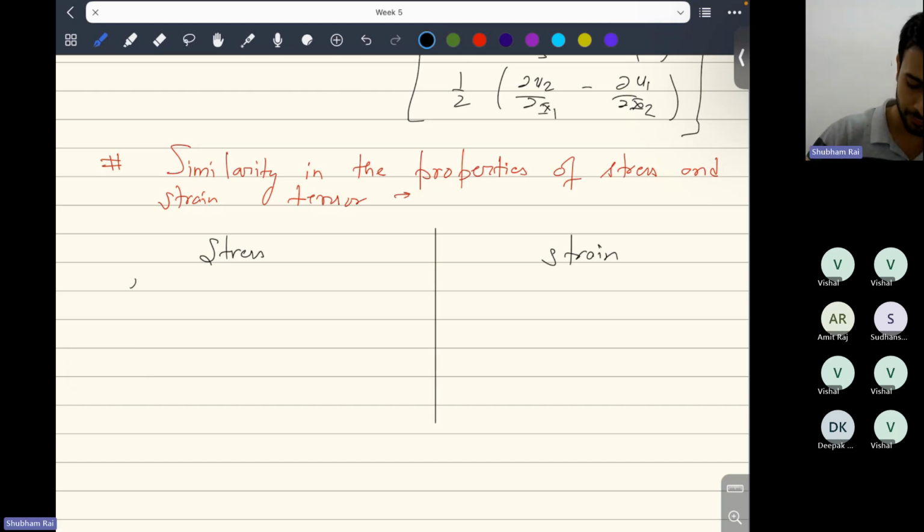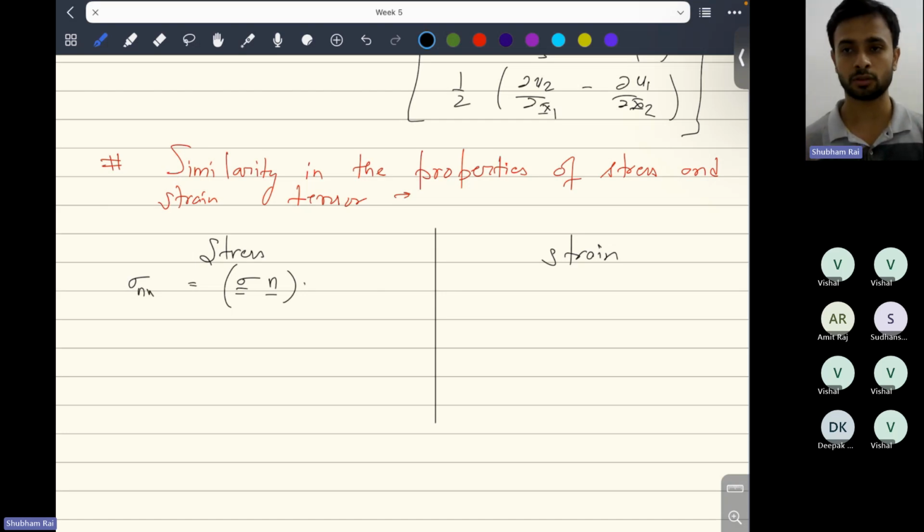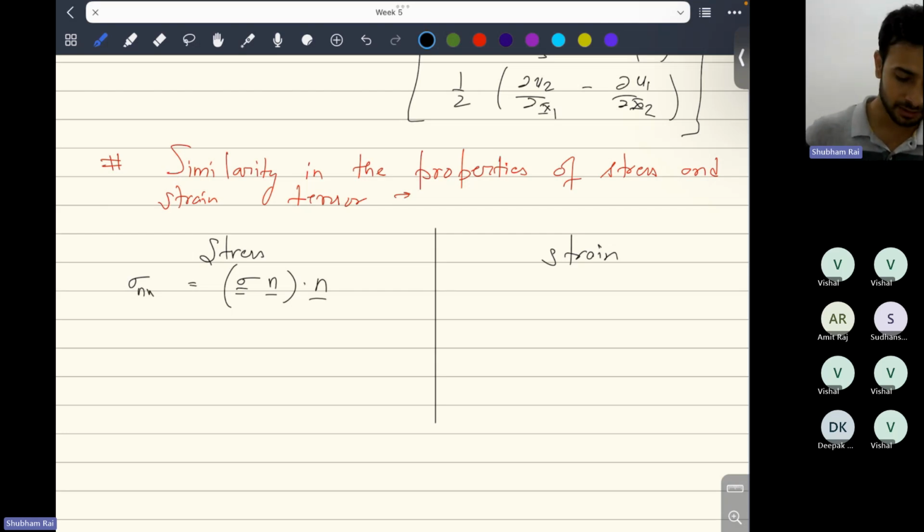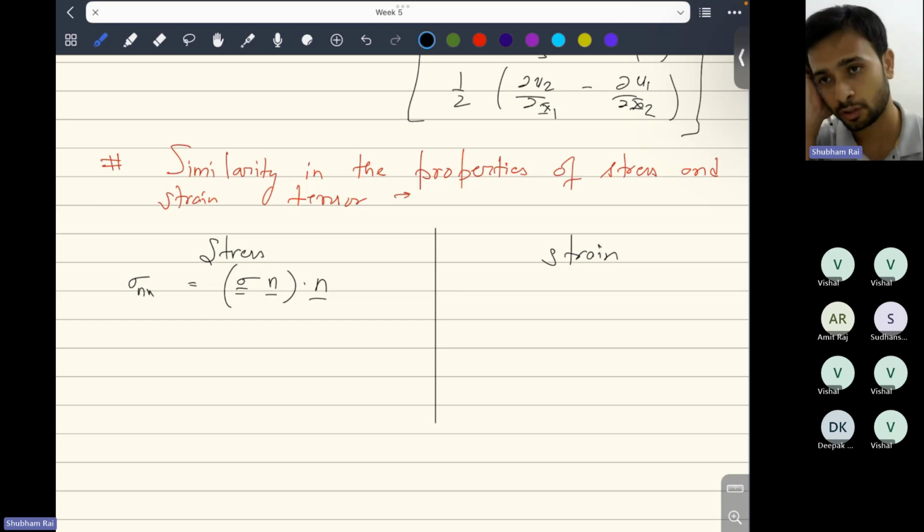In stress you have normal stress, given by sigma, which is the stress tensor, and n, the plane normal on the plane on which you want to find this normal component of stress. So that is given by sigma n dot n. It is actually the normal component of traction.